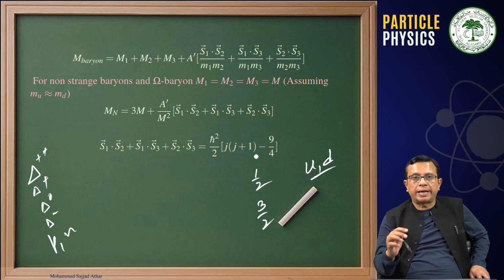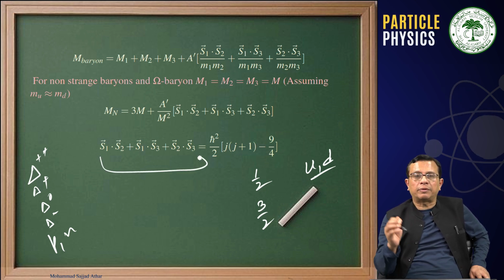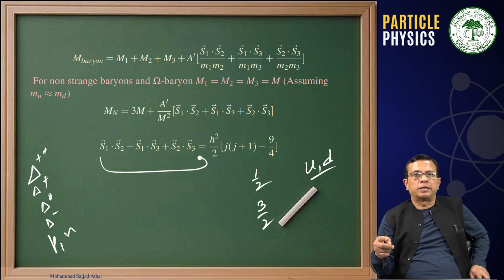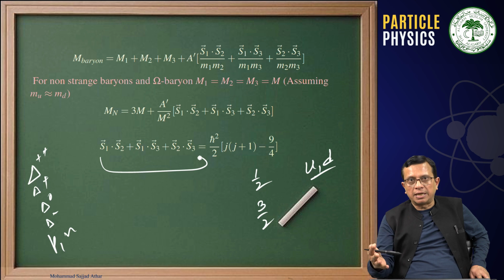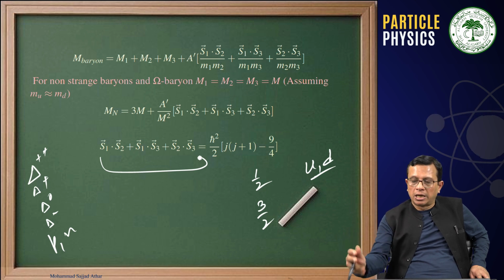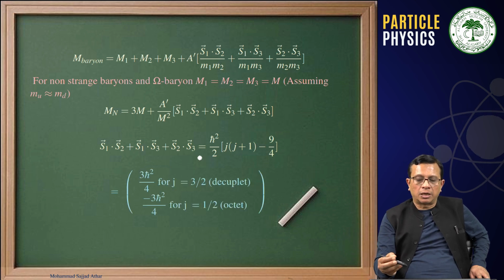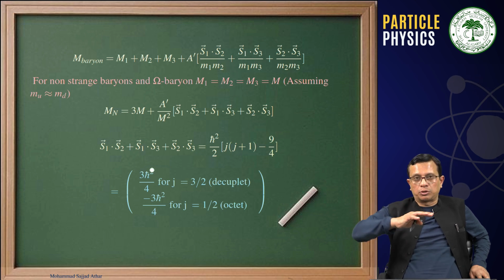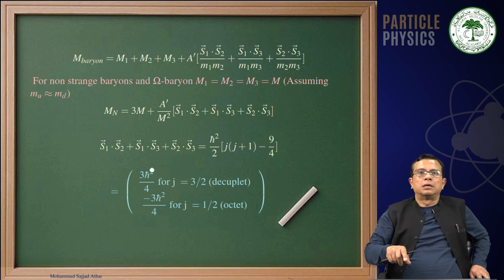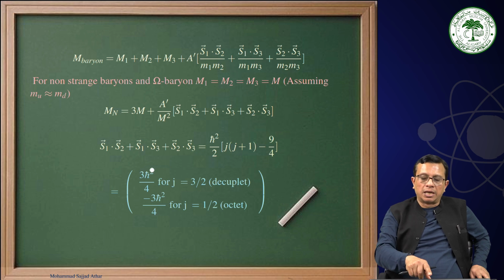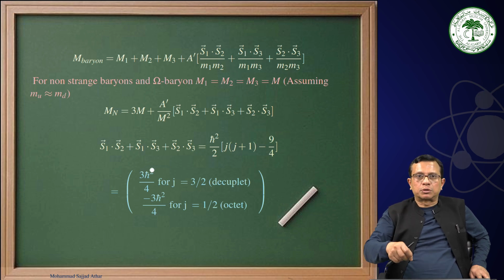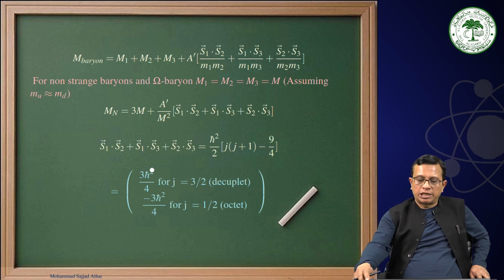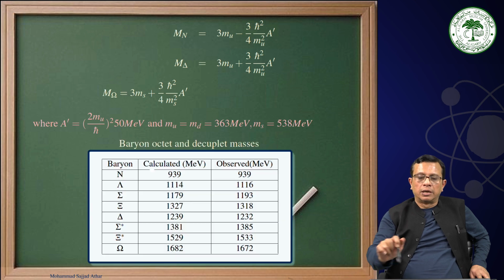What you will find again here is that this expectation value has a positive sign for the decuplet, that means deltas, omegas, etc., and a negative sign for the octet. Therefore, this gives additional mass because of the spin-spin interaction, and this gives a reduced mass because of the spin-spin interaction. This is what we can obtain for nucleon and delta.